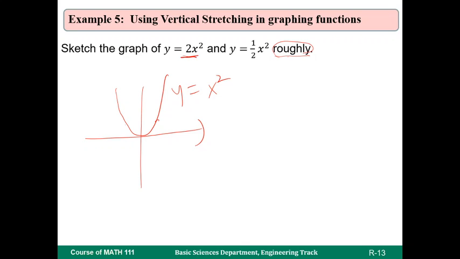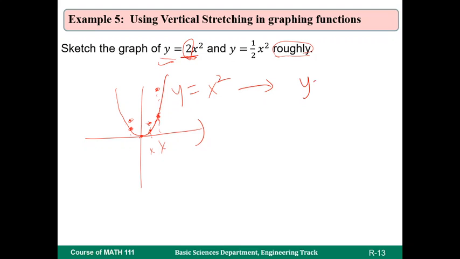So it becomes 2. What does this mean? It's like the y values are doubled, and the x values are the same. So y values are doubled means it will go double here. So x values are here, but the y value will go double. So then we'll have this point. Look at the y values, if it's here, it will be doubled. It will go here, and y equals 2x squared.